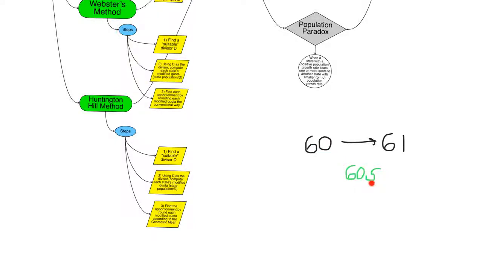So the conventional rounding takes into account the arithmetic mean of the two consecutive integers. Once again, the average of these two is 60.5. That provides you with what we're going to call the cutoff point. Anything 60.5 and above gets rounded up to 61. Anything below 60.5 gets rounded down to 60.